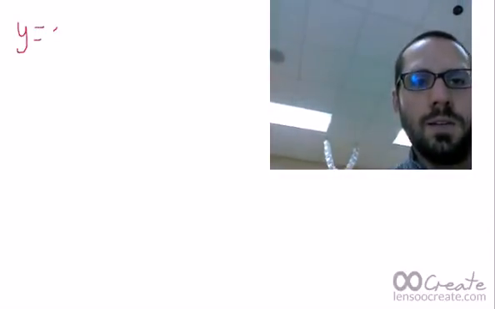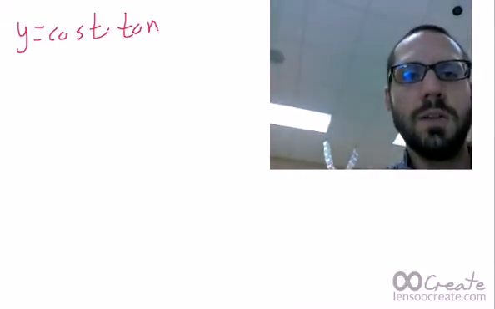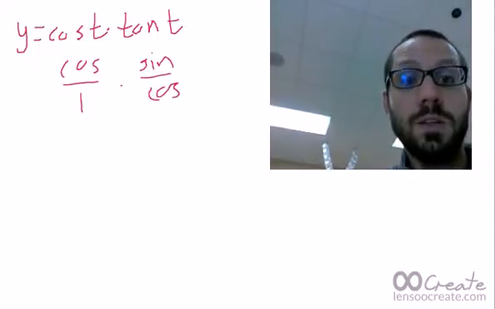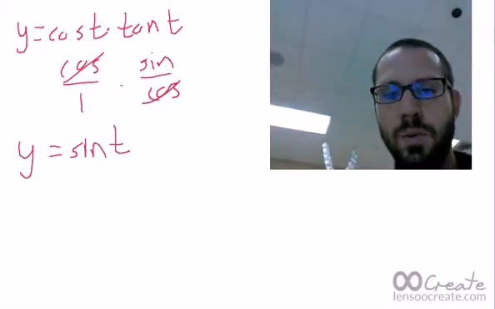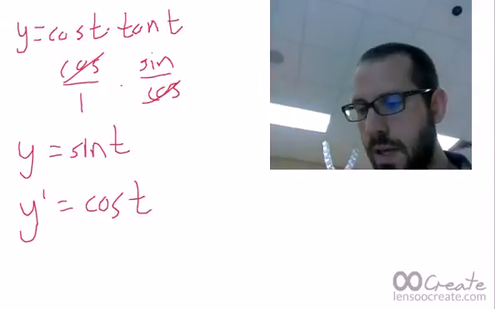C, y equals cosine t times tan t. If we make this cosine over 1 times sine over cosine, again, these go away. Y equals sine t. Derivative of sine is just cosine.